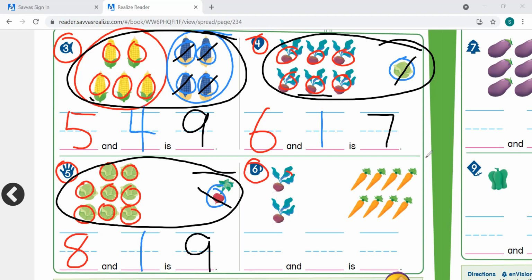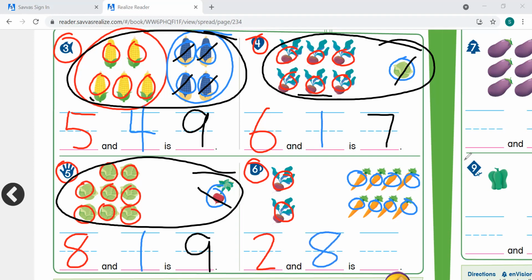Let's look at number 6. Our first group has 1, 2, and our second group has 1, 2, 3, 4, 5, 6, 7, 8. So our first group had 2. Our second group had 8.